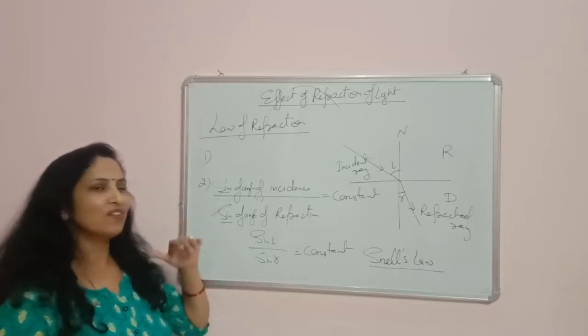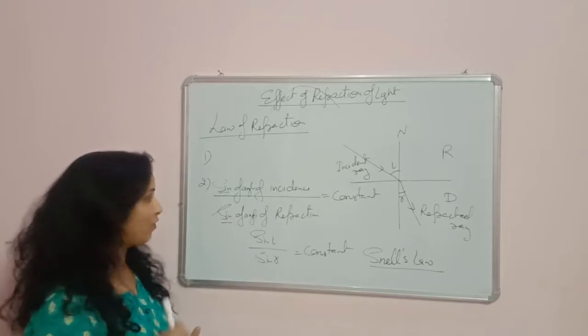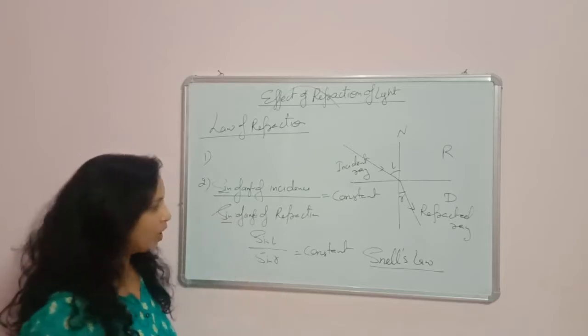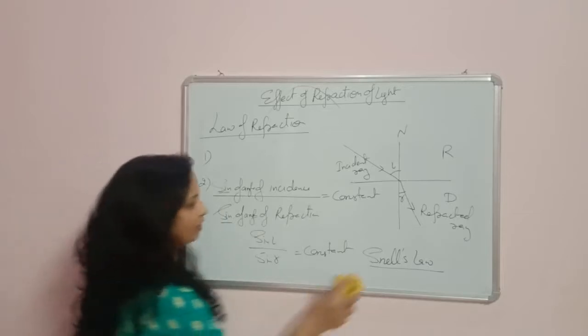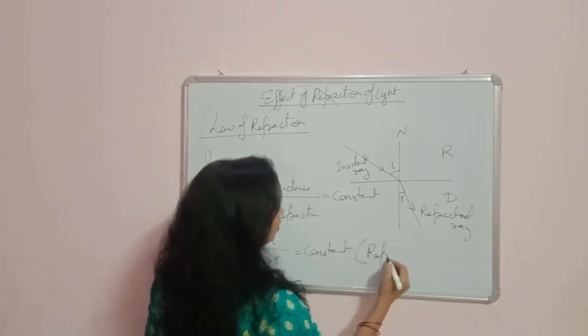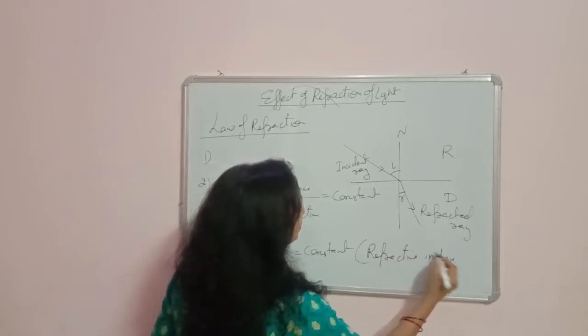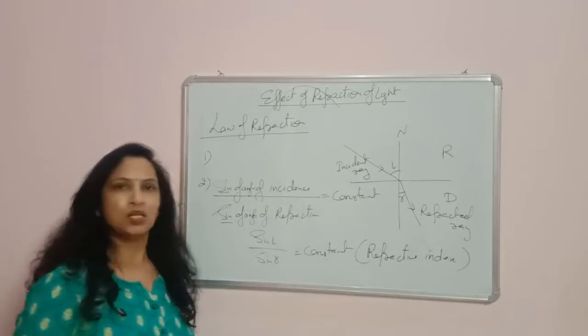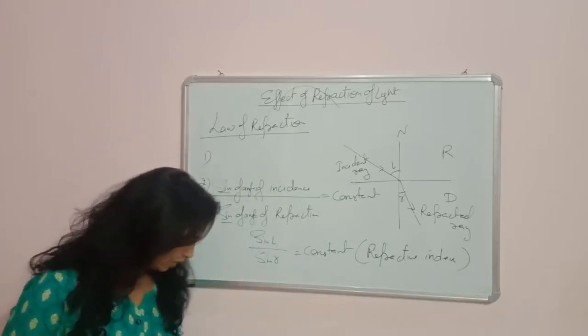And this constant is also called the refractive index. Okay. So these are the two laws about the refraction of light.